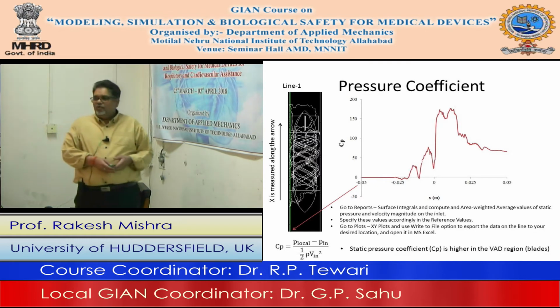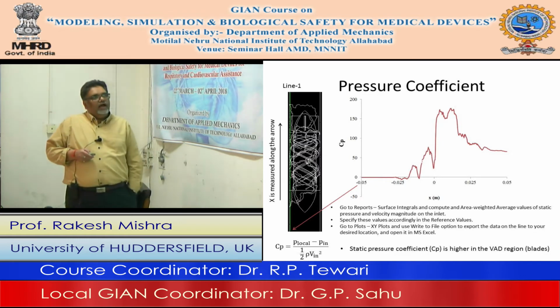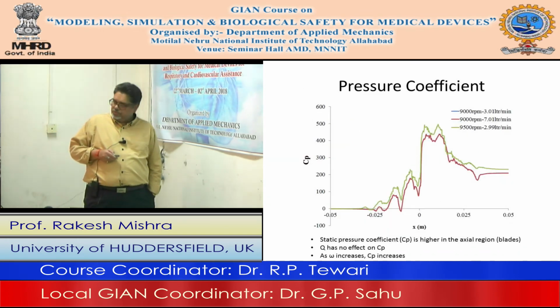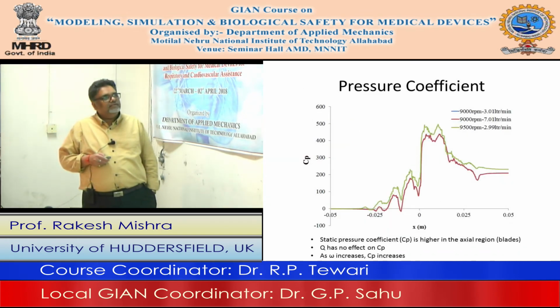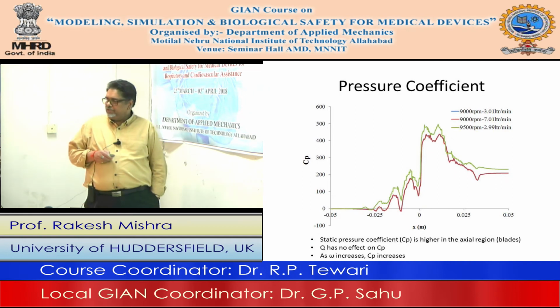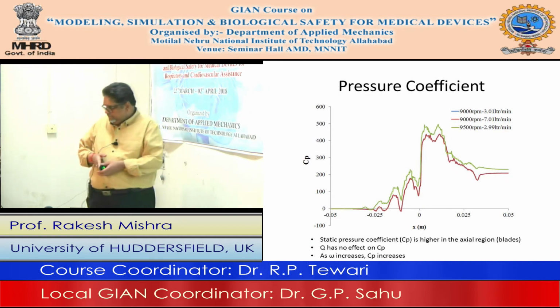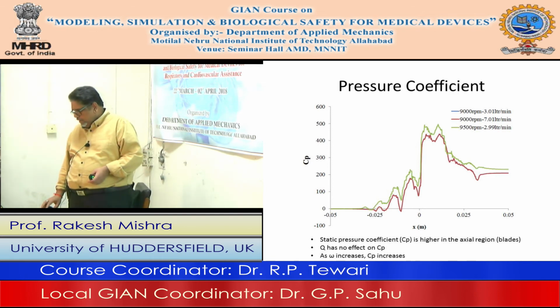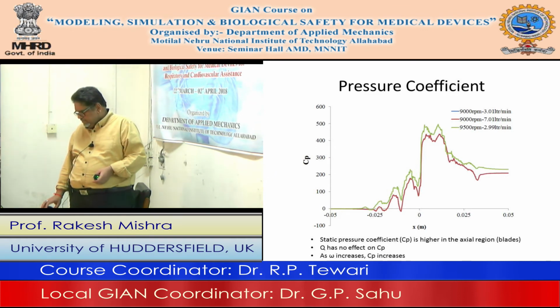Now you can see how pressure is varying. I have used a term from fluid mechanics known as the pressure coefficient, defined as P minus P in over half rho V in squared. I think yesterday I mentioned this.